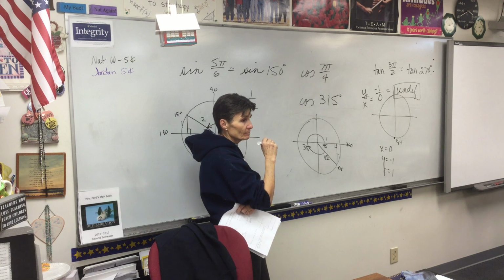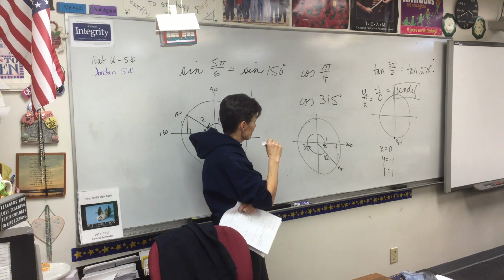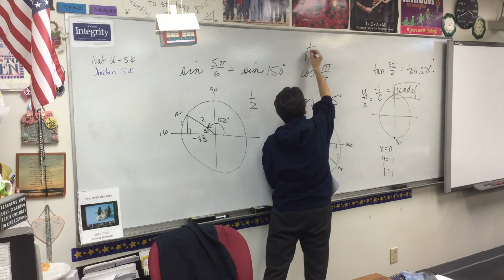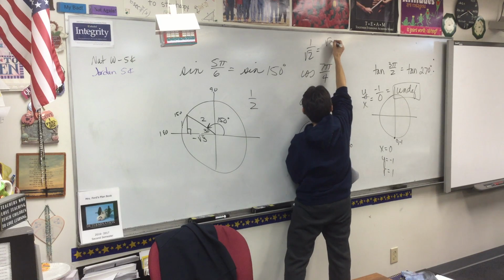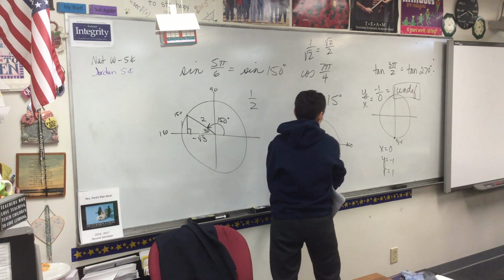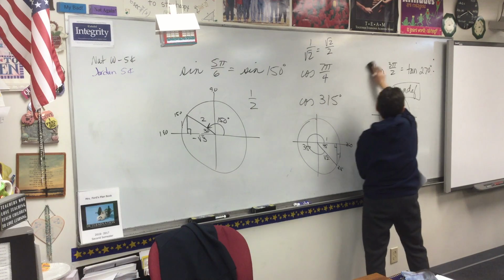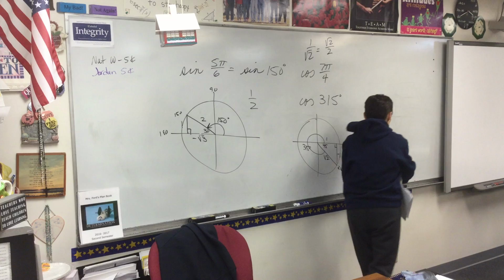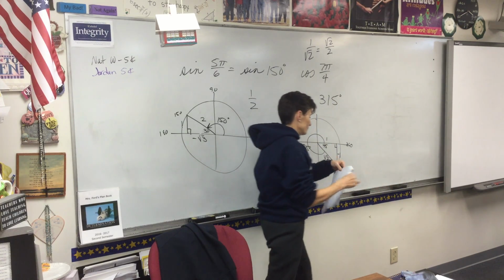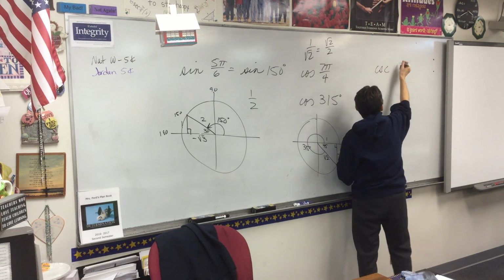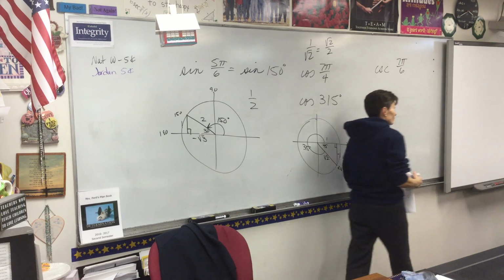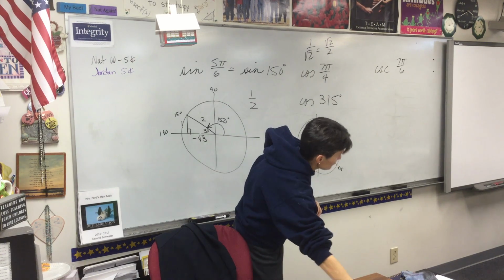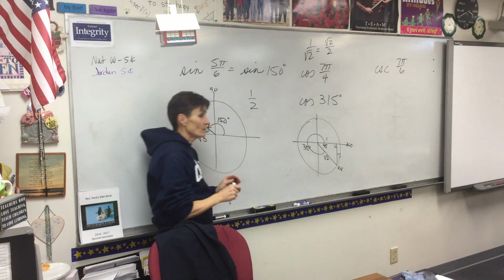We want cosine. 1 over root 2, or root 2 over 2. I know some of you are getting bored, but remember, these are guaranteed test questions. We want to make sure we know how to do them.